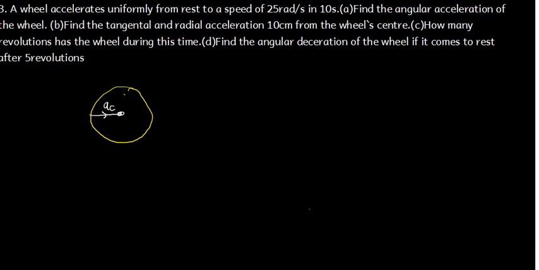When this thing moving in a circle moves from the point, let me say point A to point B, the acceleration at which it moves in a circle is called angular acceleration. At the same time, it is able to slip.